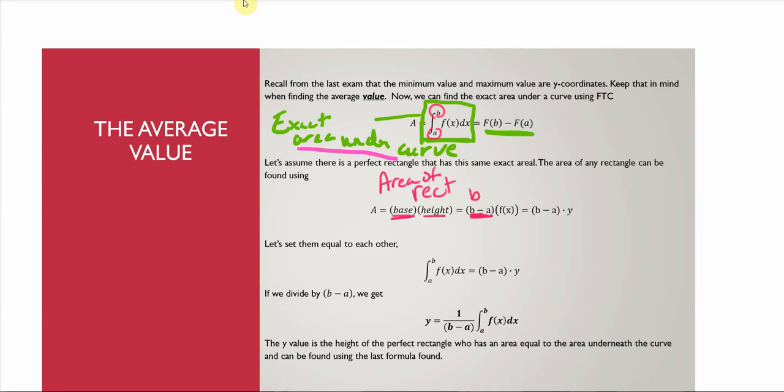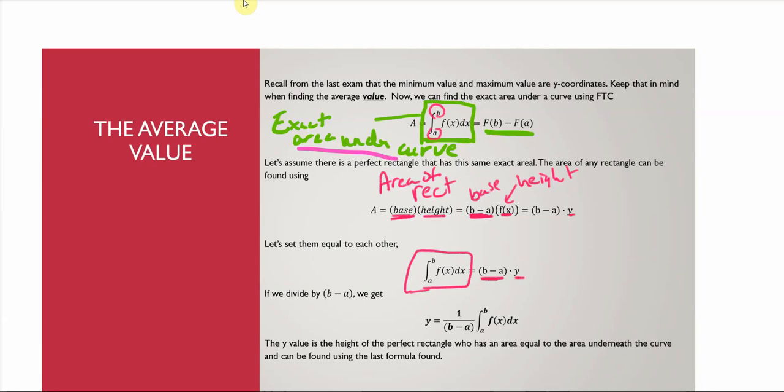That's my base. And f of x, that's going to be a y coordinate. But that y is really going to be my height. So instead of writing f of x, I'm going to write it as y. So now I can say any area underneath the curve can be written, using the fundamental theorem of calculus, as the integral from a to b of f of x dx, or it can be written as some unknown rectangle that has a base of b minus a and a height of y.